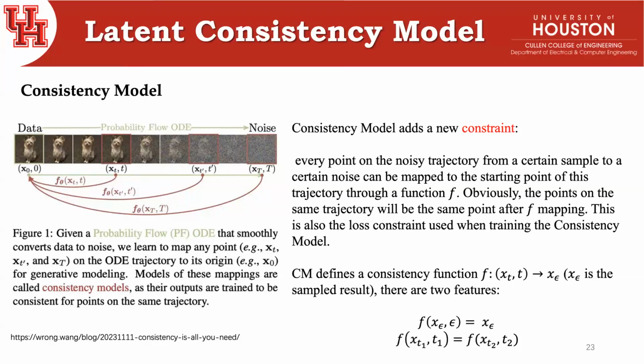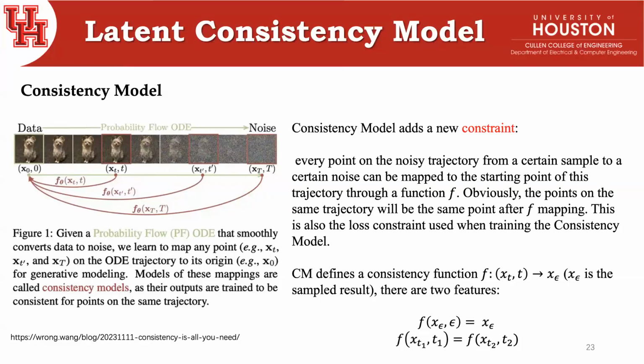So you can imagine that when I use this noise, maybe we can just directly use f theta to get the original data. So you do not need a long denoising process. Maybe you only need it once. So the consistency model defines a consistency function. The consistency function has two features.